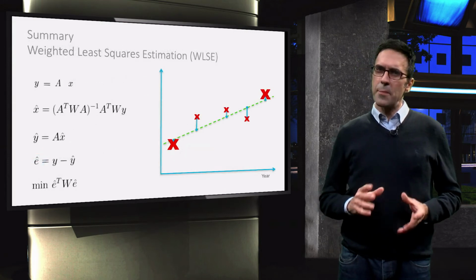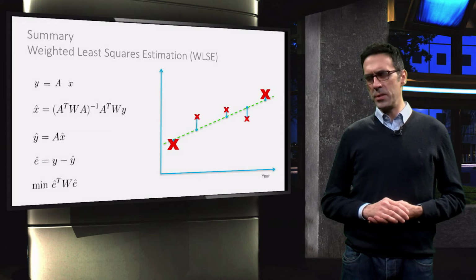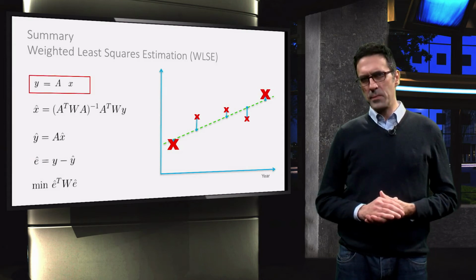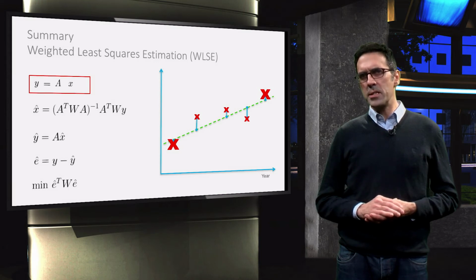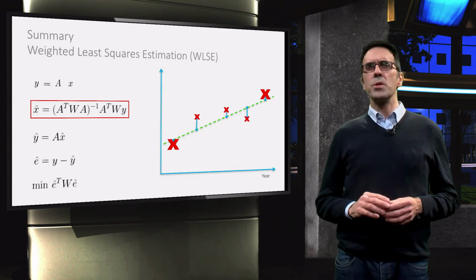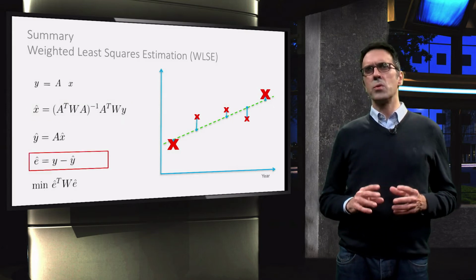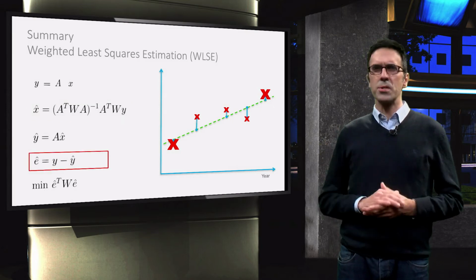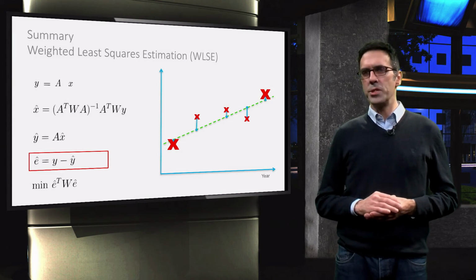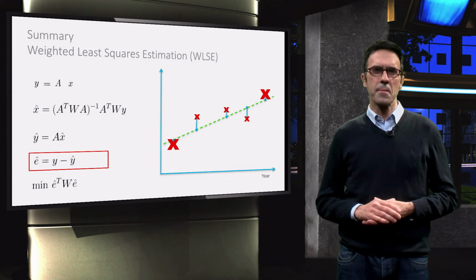But first, let's recap the weighted least squares estimation solution. We formulated our y is Ax problem and came to the least squares estimate x hat. Essentially, what we did was to minimize the differences between our actual measurements, which are the red crosses, and the linear model that we assumed to be applicable, which is the green dashed line here.